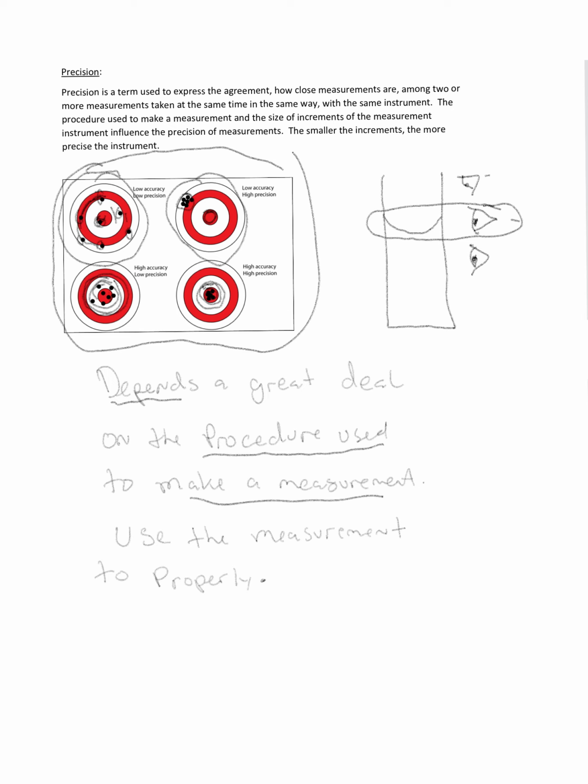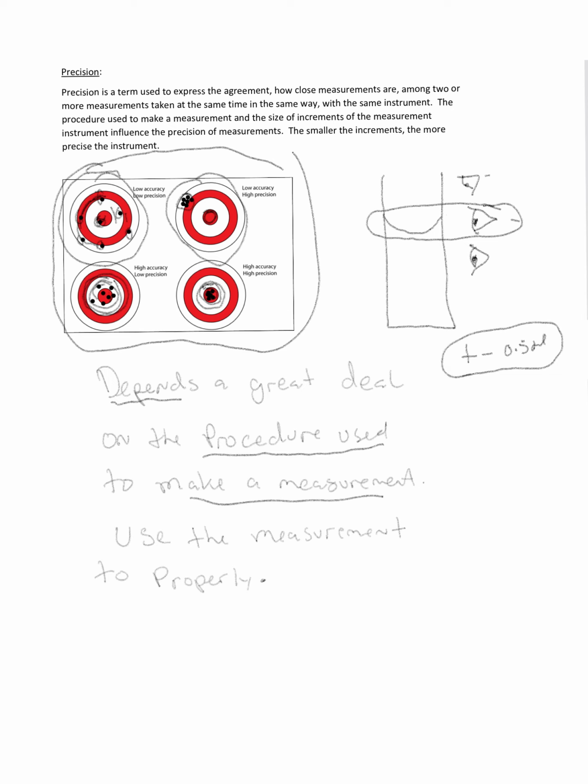The instrument itself has a certain degree of accuracy that's not really, in this case, affected by the person using it, but the precision really is. So we know the accuracy of this instrument. If this is a graduated cylinder, and we use the accuracy that we saw in the first one, let's say plus or minus 0.5 milliliters, this would be a measure of how accurate this graduated cylinder is.